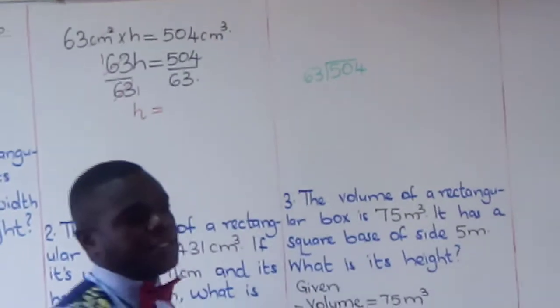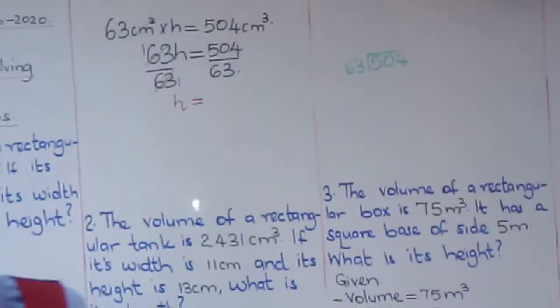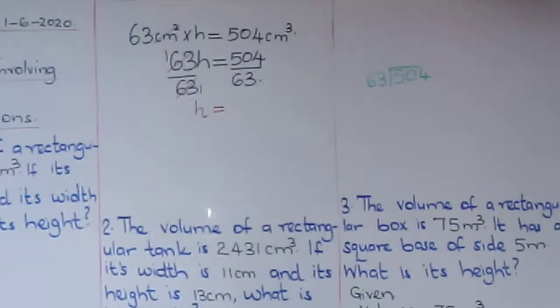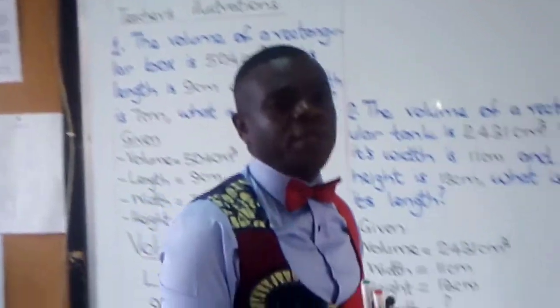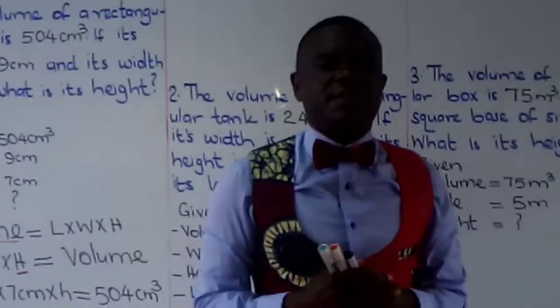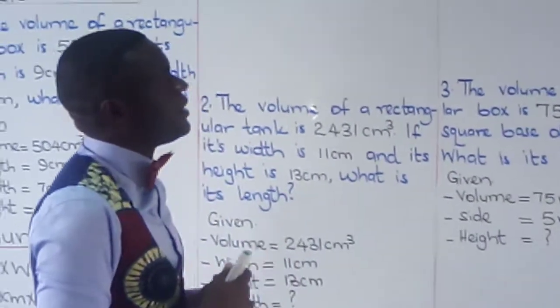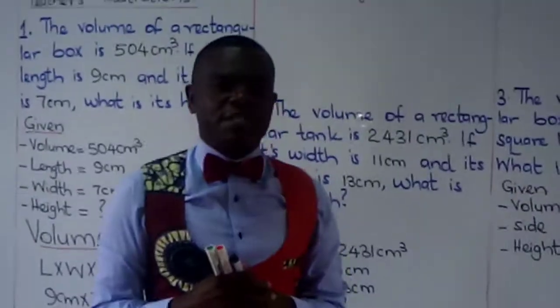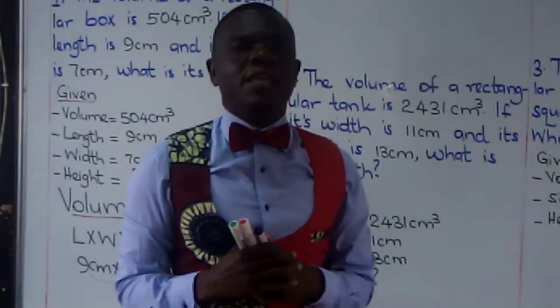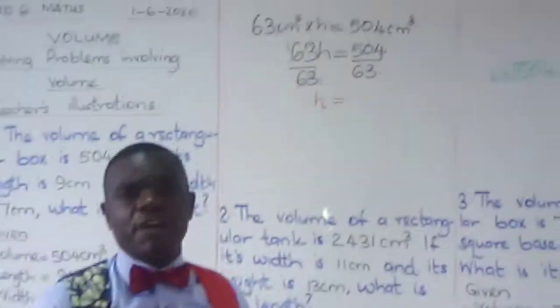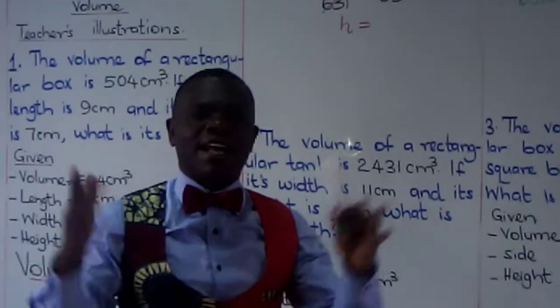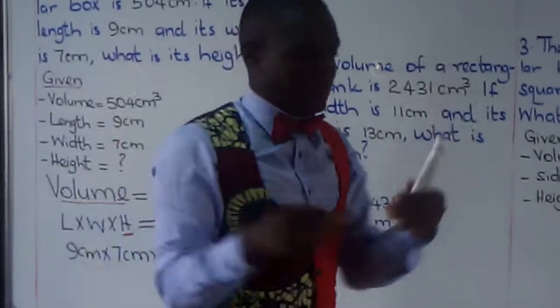Somebody multiply 63 by 8 for me. Michelle, 63 multiplied by 8. Correct, Michelle. 63 multiplied by 8 is 504. Give her a clap. Thank you.